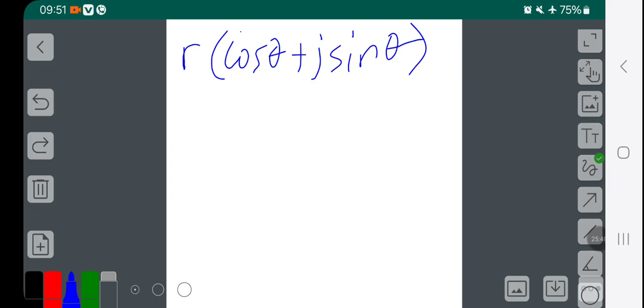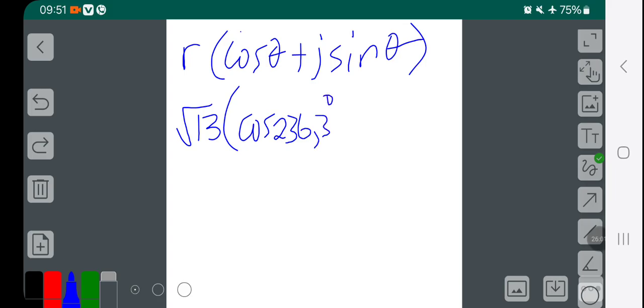Your r, we said it's square root of 13, bracket cos, my theta, which is my argument, is 236,3 degrees plus j sine 236,3 degrees. Now this one will become your polar form.